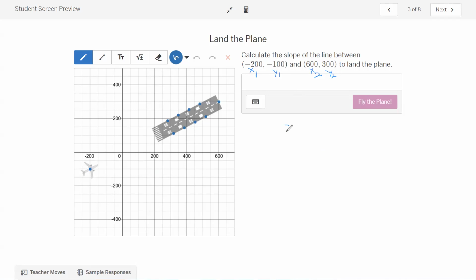My y2 is 300, minus my y1 is negative 100. So I need to do minus a negative 100, divided by my x2, which is 600, minus my x1, which is negative 200.